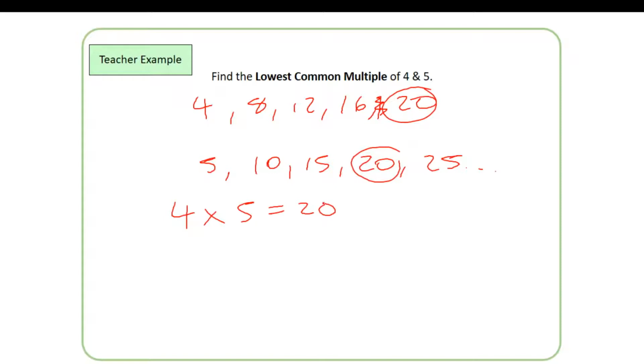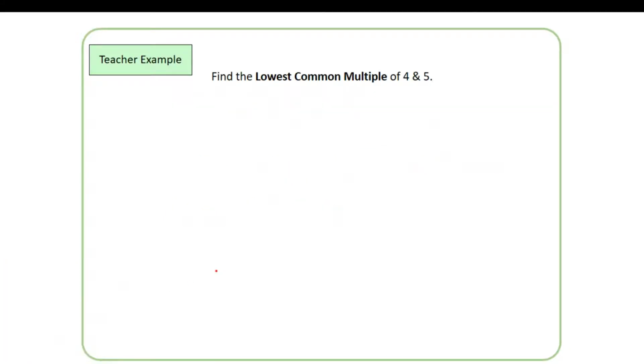So consider, for example, if I asked you to find the lowest common multiple of 10 and 4. Some of you would say, well, 10 times 4 is 40, so is the answer 40? And the answer is no, it's not 40. That would be wrong.